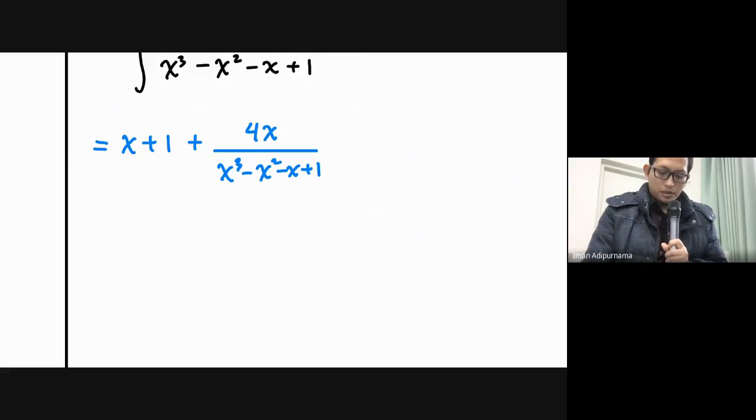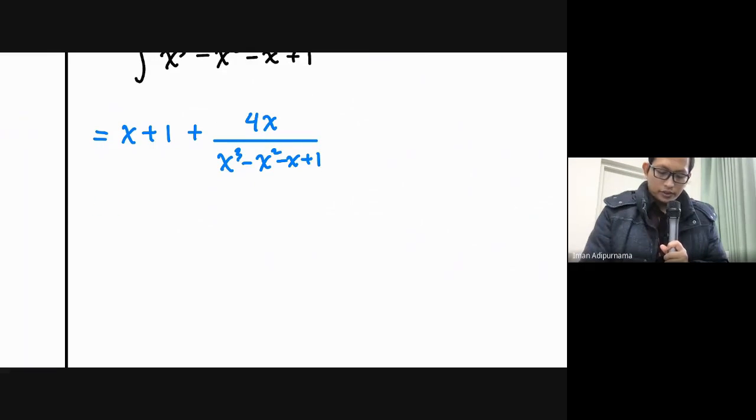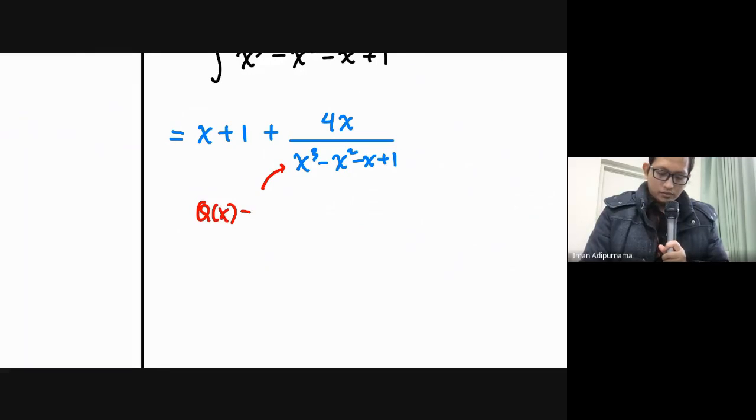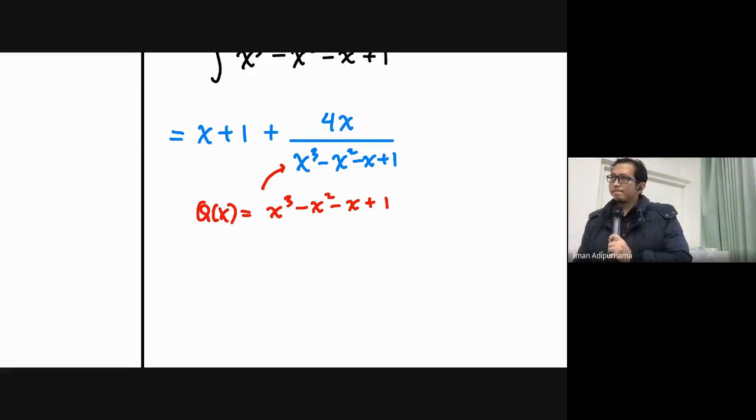And then the bottom part, we need to factorize this. So qx is x cubed minus x. And how to know whether it can be factorized? You can try 1 or -1, the easy numbers. Maybe you can try 1 first. 1 minus 1, 0. It's 0, right? So at least 1 is a factor.